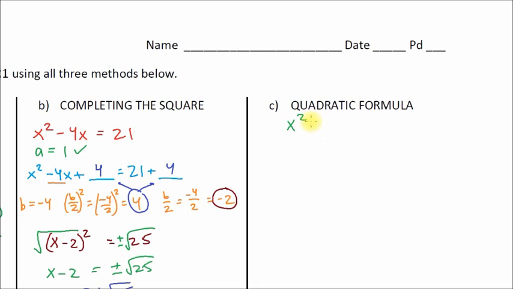So here's our original equation. We've got to move the c term to the other side. Quadratic formula requires that everything is on the same side of the equal sign, and our equation equals 0. All right, no GCF necessary, no a equals 1 necessary, just identify a, b, and c.